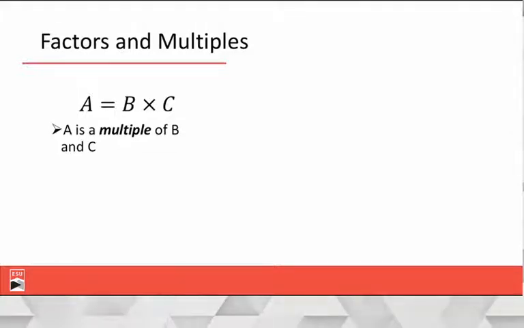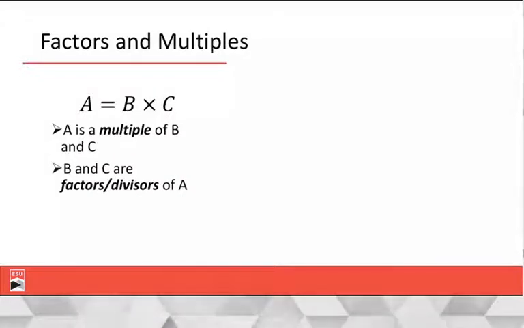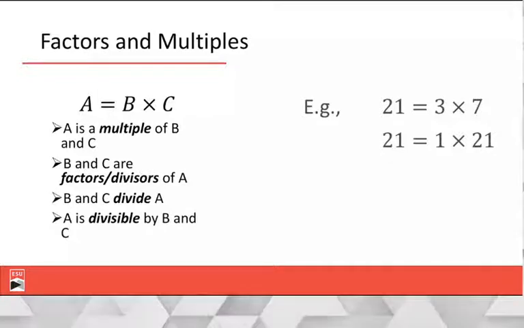But here we'll say A is a multiple of B and C, because there's some number of copies of B so that you get to A. So B groups of size C gives you A. There's a way of writing A as a product of B and C. If that's the relationship, B and C we call factors or divisors of A. B and C divide A with no remainder, and we say A is divisible by B and C.